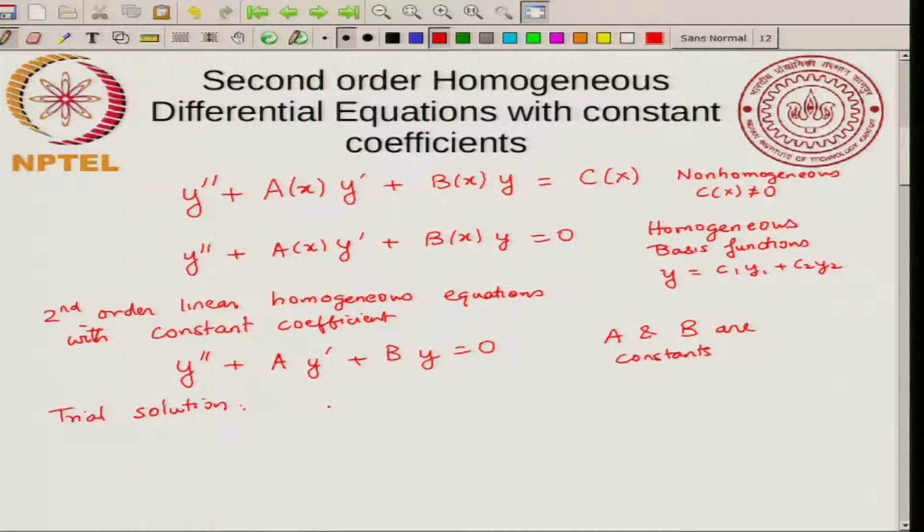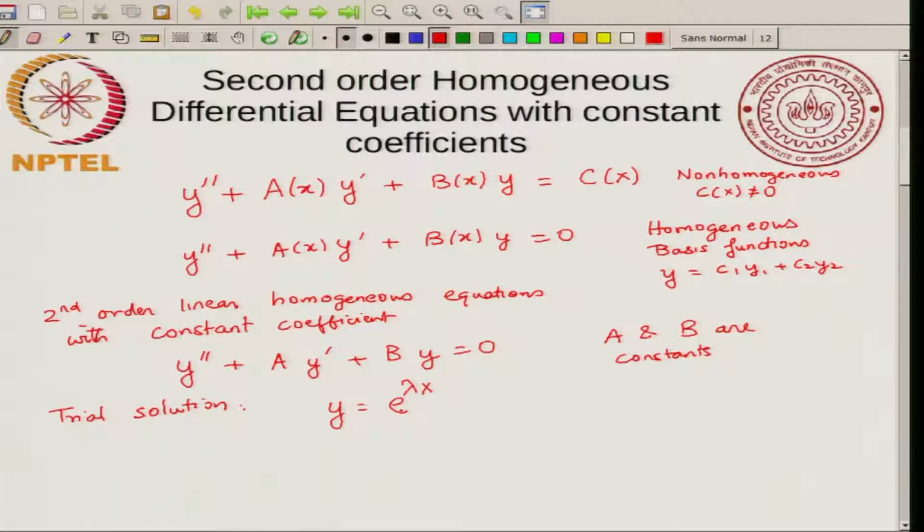So, you try a solution y equal to e raised to lambda x. I didn't put a constant before this, because you can put any constant and it will still be a solution. Since it is a homogeneous equation, I can always multiply it by a constant and get another solution, so I will just put y equal to e to the lambda x.